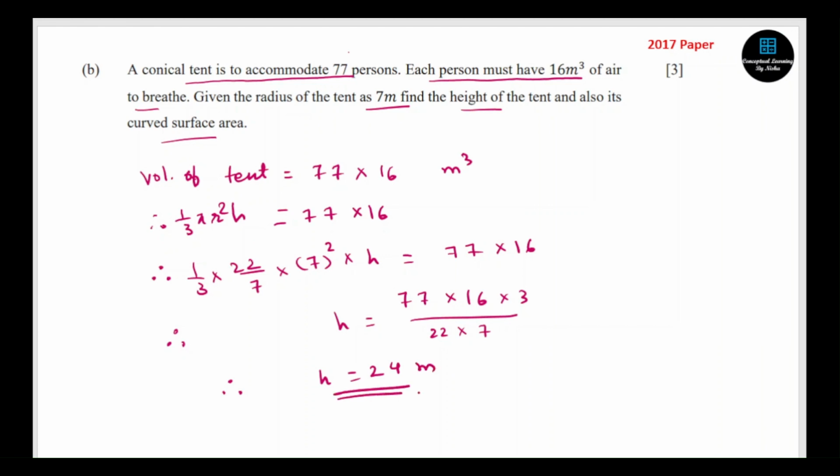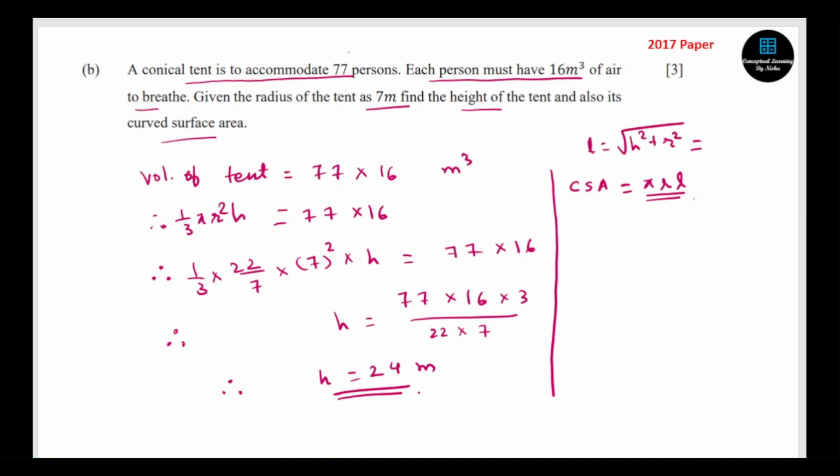And once you get the height, you can find the CSA. So CSA equals to, this is nothing but curved surface area of cone. So which is nothing but pi RL. Okay, pi RL. Put the correct formula. Okay, now you have to find the L first. So what I can say, L is equals to square root of h square plus r square.